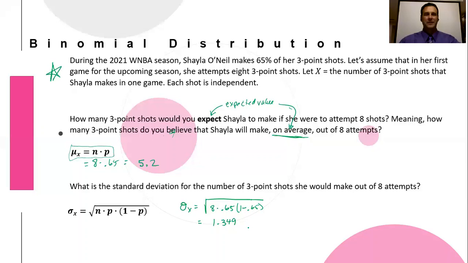And what does that mean? It means on average, the number of baskets she makes out of 8 will vary by 1.34 from the mean.